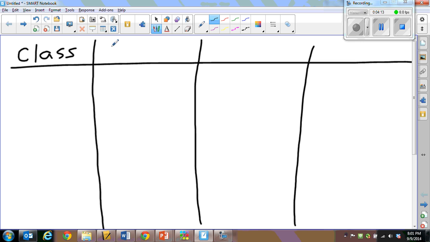Second column is where you will put your tally. Third column is the frequency. And finally, fourth is your percent.